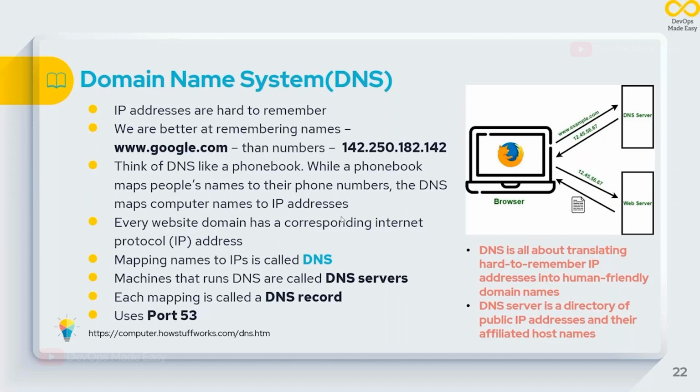And then we have the domain name system, as we already discussed. What is the domain name system? It is a way of assigning names to IP addresses, because we are better at remembering names. We will have difficulty with IP addresses because we access so many applications, and remembering the IP of each is not possible.